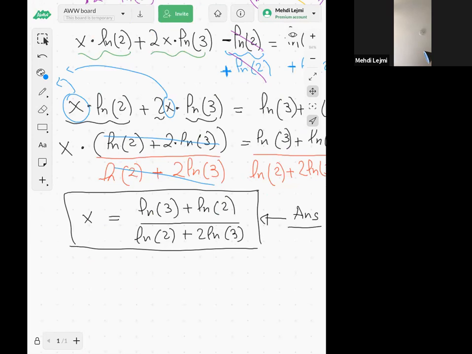If your steps are correct and you did the right steps and everything, there's a minor mistake, then you would get full credit for sure. All right. Any other question about this problem?